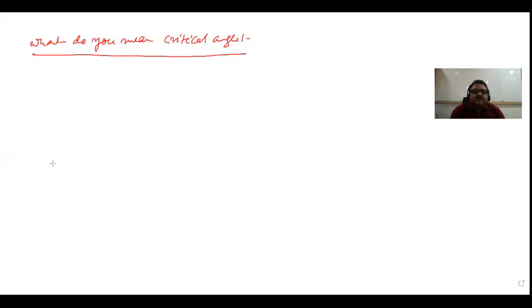First of all, think about the surface of separation of two media. For example, let me draw a medium first. That will be much better.